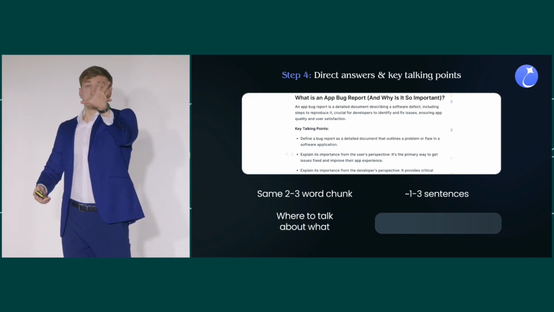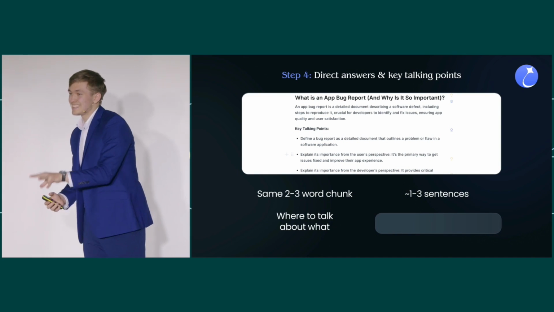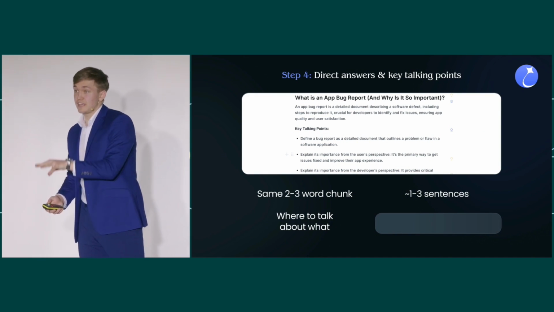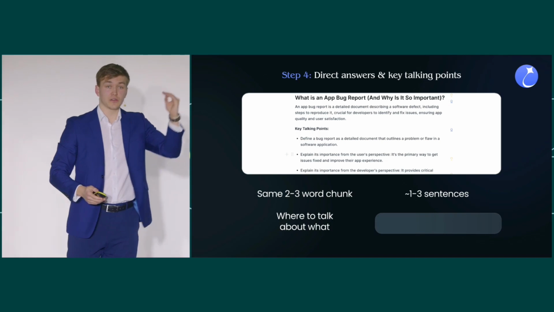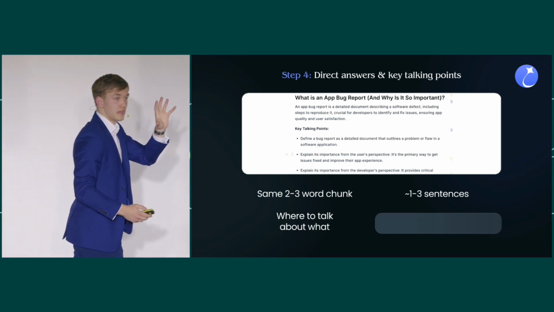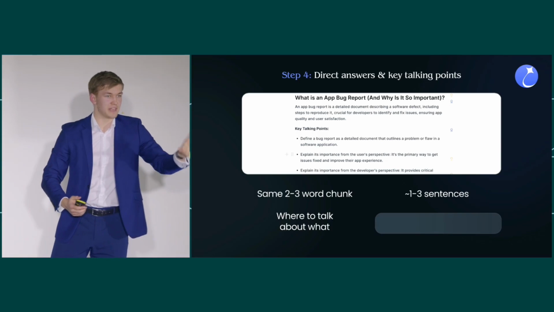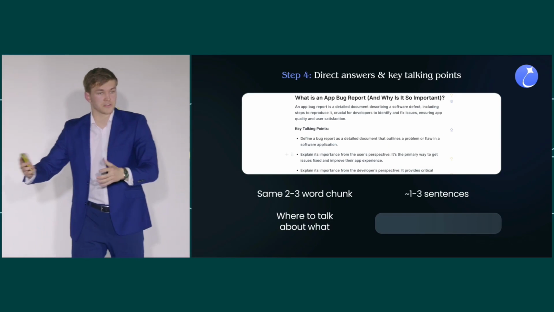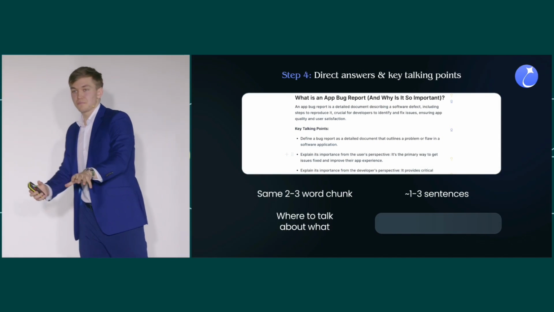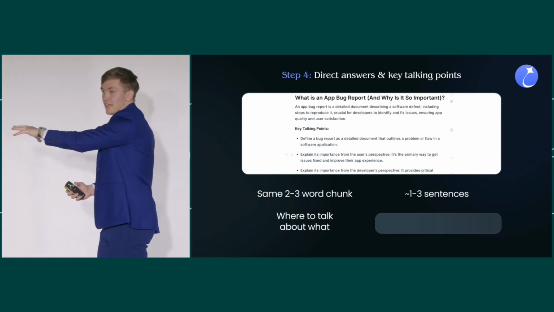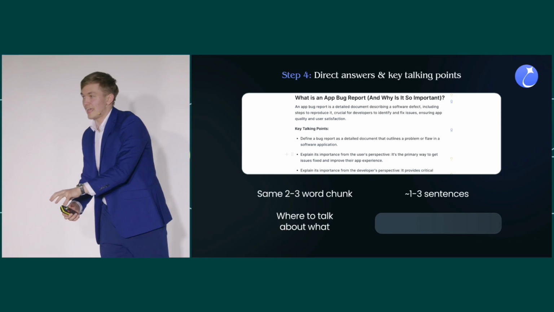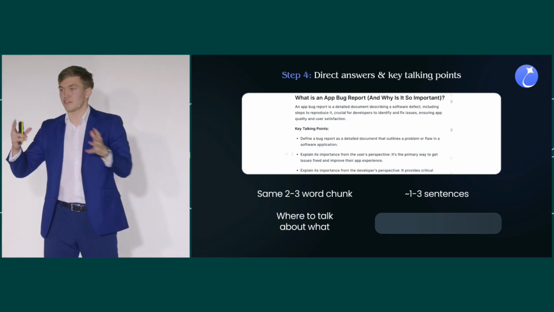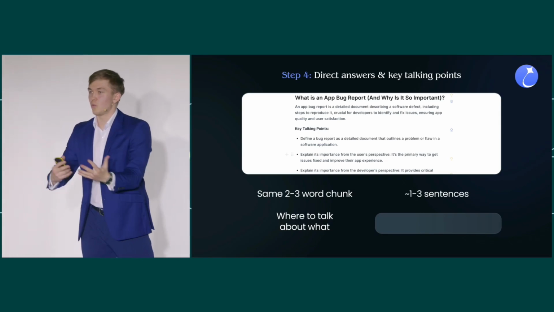Now, the key talking points, right? This is the last step I do before actually drafting the content, and it's laying out what the specifics are actually going to be. This helps me first to organize where I'm going to talk about what, so I'm not talking about something in one section and then again in another section, and they don't have a comprehensive understanding of what I'm trying to communicate.